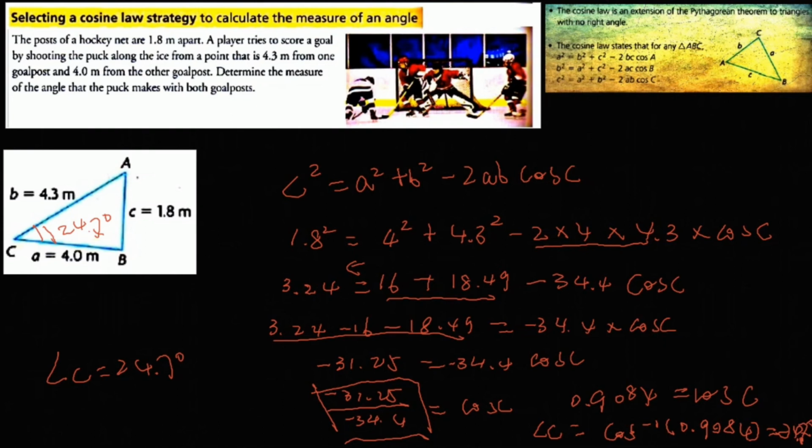So the puck makes an angle of about 25 degrees with the goalposts.